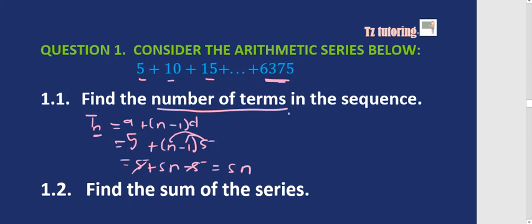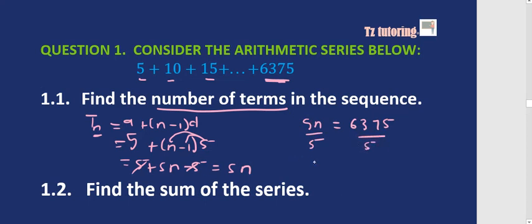The last term tells you how many terms there are, because it is the last of the terms. So if you equate Tn to the last term, you should be able to find the number of terms in the series.